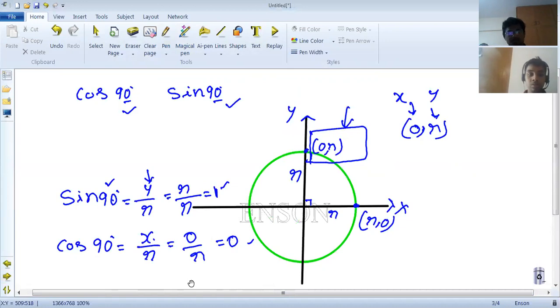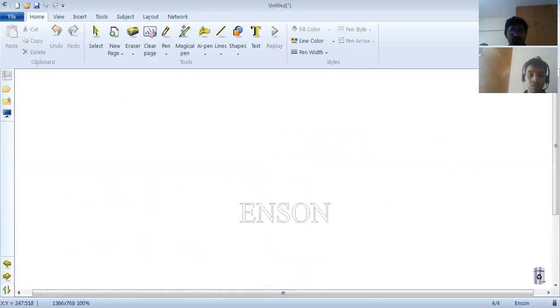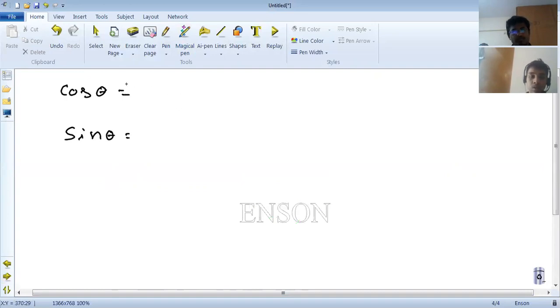Okay, next thing will be coordinates of the points on a circle given an angle. So from the previous one only, let me write one more small derivation part. We already know cos theta. What is the cos theta formula and sin theta formula? Now tell me. Cos theta is x divided by r, and sin theta is y divided by r.